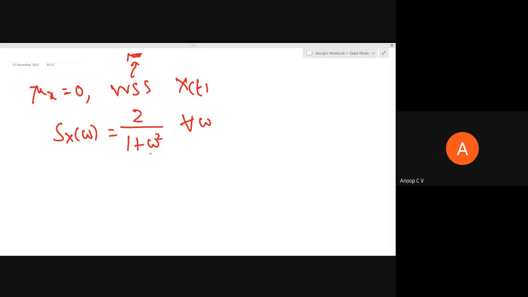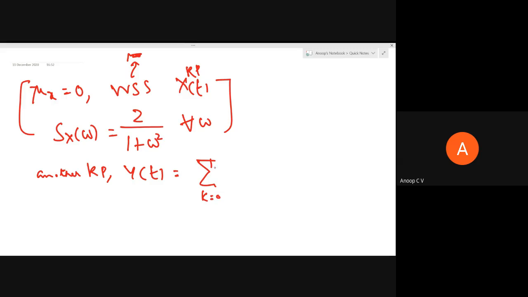And another random process, say y of t. These things are given for x of t: a random process x of t has mean equal to 0 and this power spectral density, and another random process y of t is defined as the sum over k from 0 to 2 of x of t plus k.